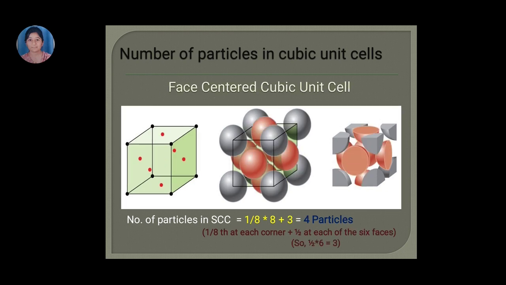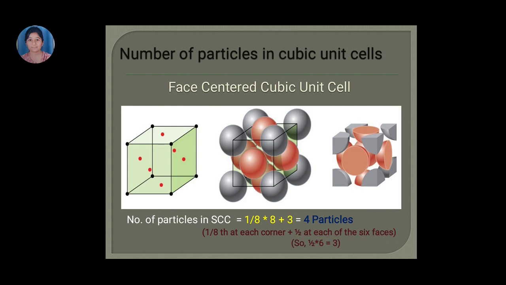Now let us move to the face centered cubic unit cell. In the face centered cubic unit cell, as the name suggests, of course there will be 1/8 atom at each of the 8 corners, and in addition there is half of an atom or half particle present at each face, and there are total 6 faces.